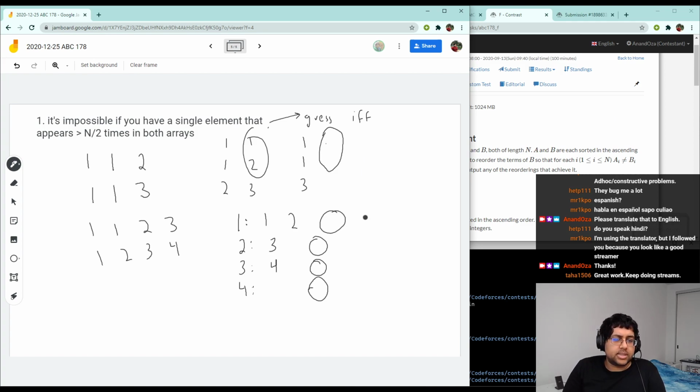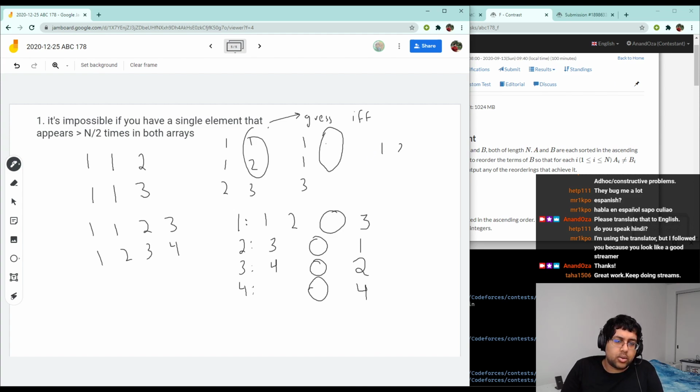So how would we assign these? So we could try doing the smallest index that doesn't cause a contradiction. And then in this example, that actually works.